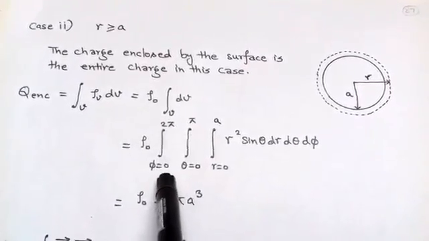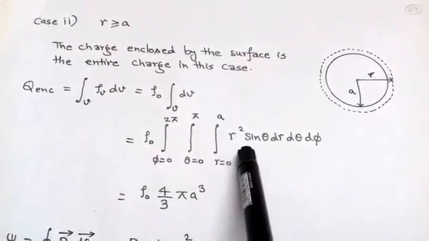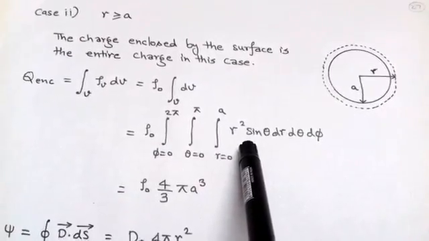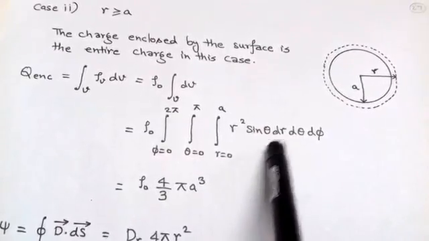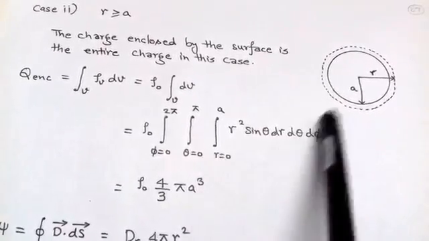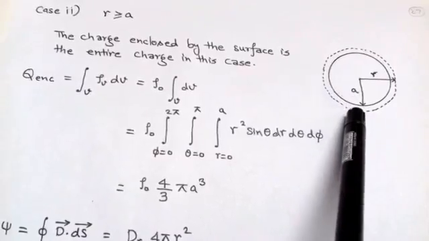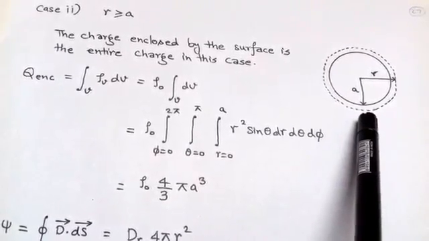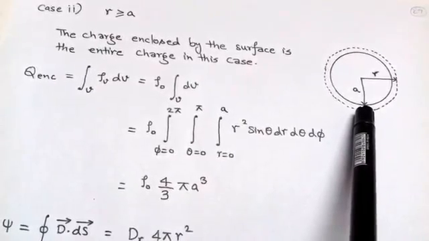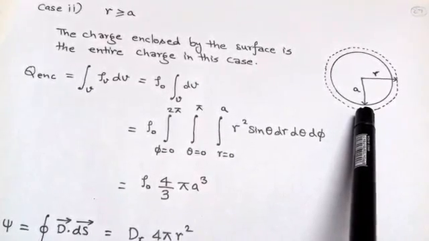Now the point to be noted is the limit of r. The limit of r is 0 to a only because the uniform charge density is only from 0 to a. So the limit of r is 0 to a only.